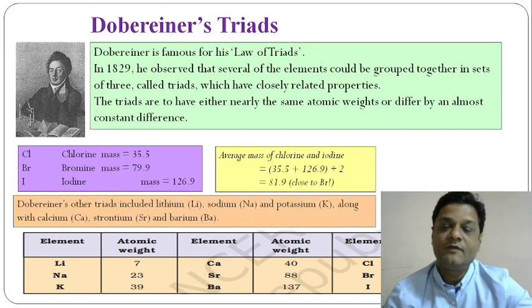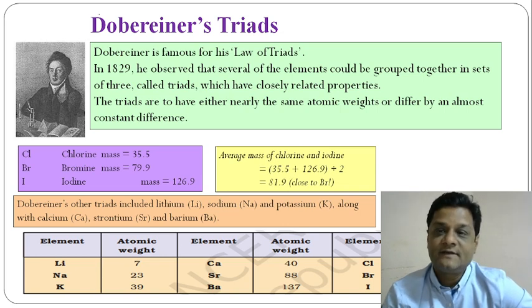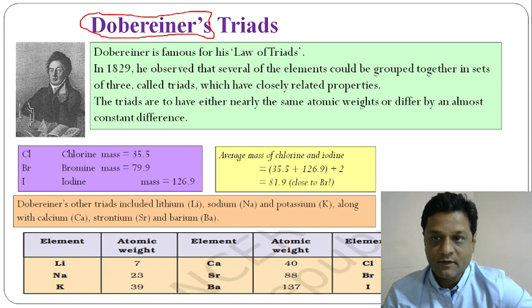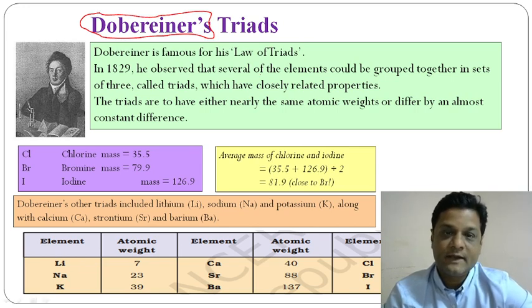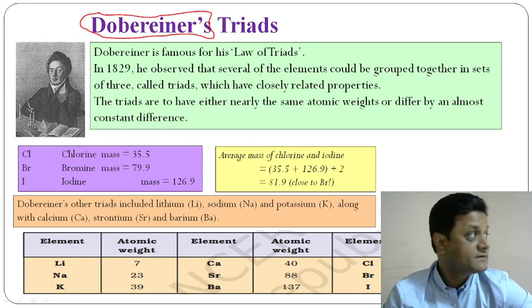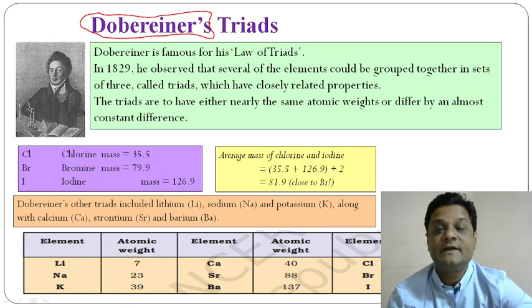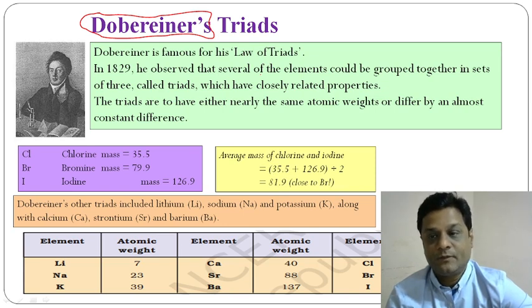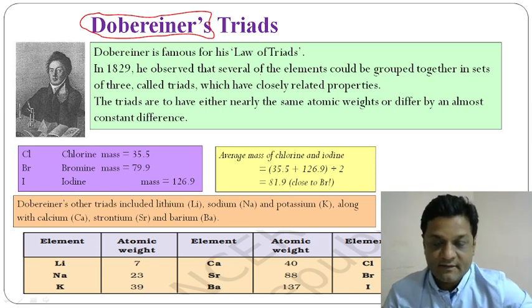Now we can see the very first scientist, Dobereiner, developed or arranged the elements. He was the very first scientist who arranged the elements according to atomic weight. What he considered were the triad rules.